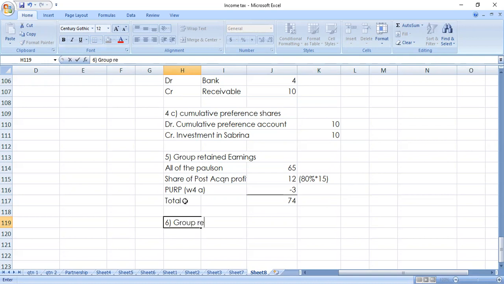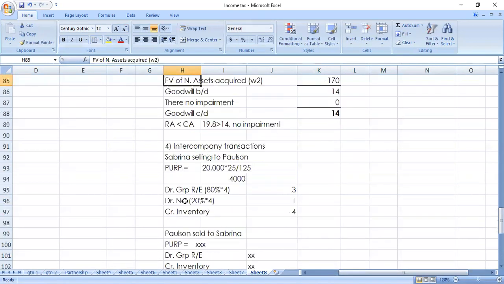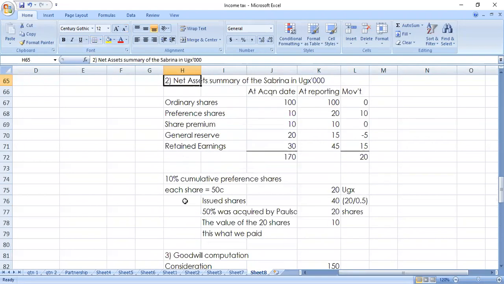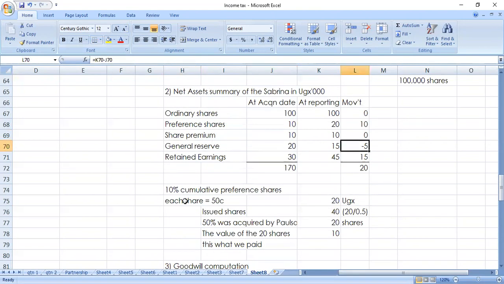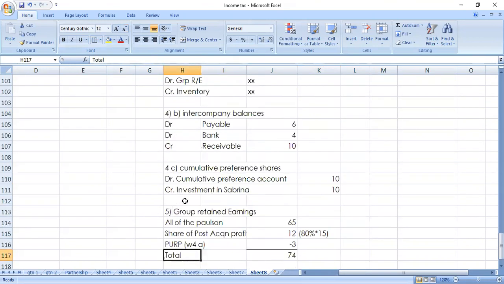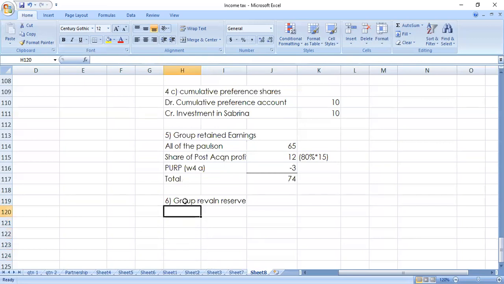Then lastly, we have had a movement in the group revaluation reserve. You can go and check it in working number 2. Group revaluation reserve, this 2 here, this -5, is a movement. So you come and say group reserve, and you bring all for the parent from the trial balance.